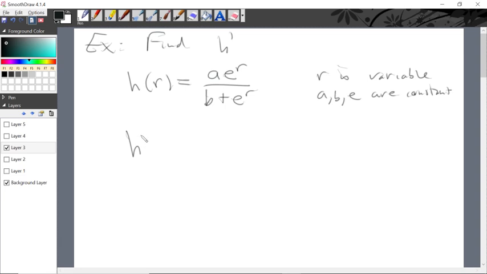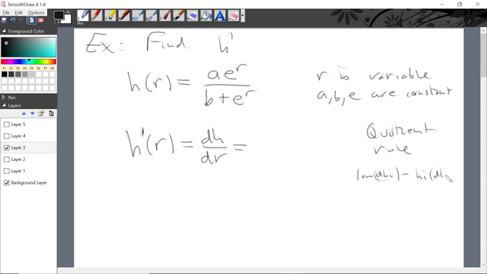So we are finding h prime of r in Newton notation, which is the same as dh over dr in Leibniz notation. We've applied the differential operator with respect to r to the function h. And this requires the quotient rule. That is low d high minus high d low over low low.